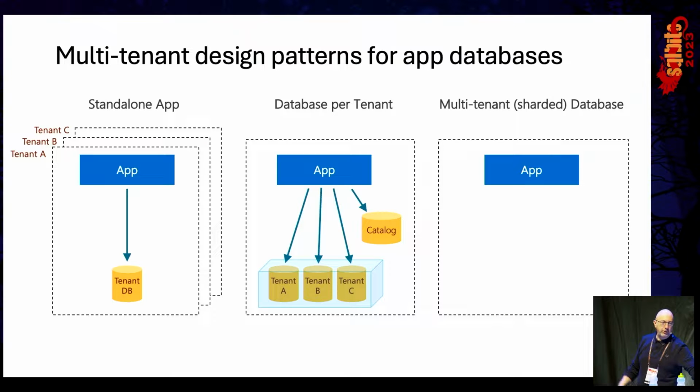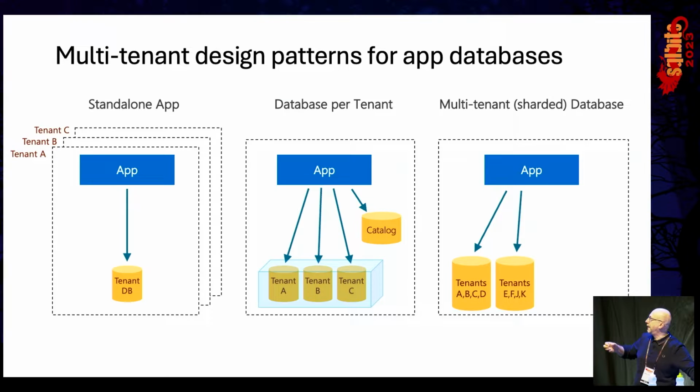Okay, and the third model is, generally speaking, a real multi-tenant database or data store where all the tenants are sitting in the same database. Sometimes those databases can grow more than what a single database can sustain. So I may decide to actually split or shard tenants across multiple databases.